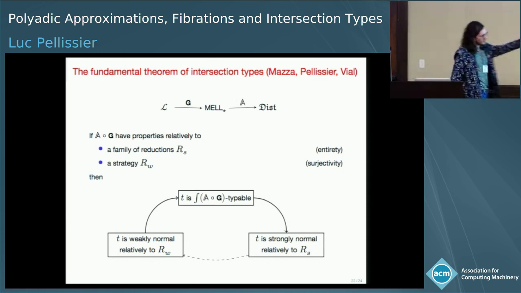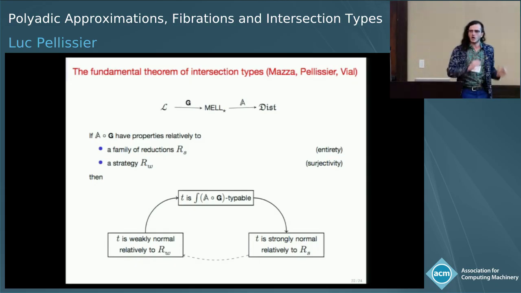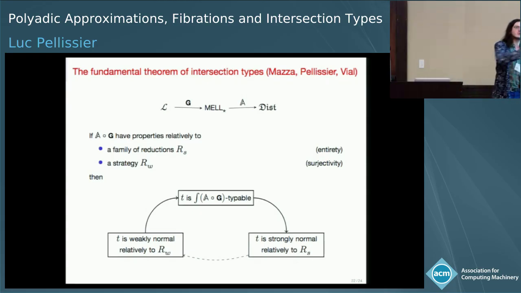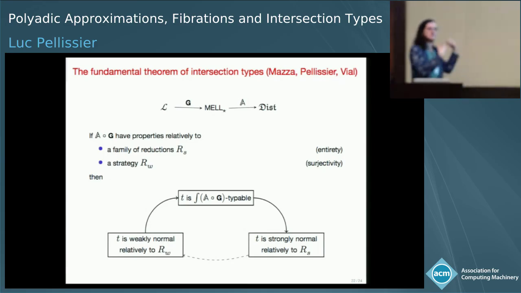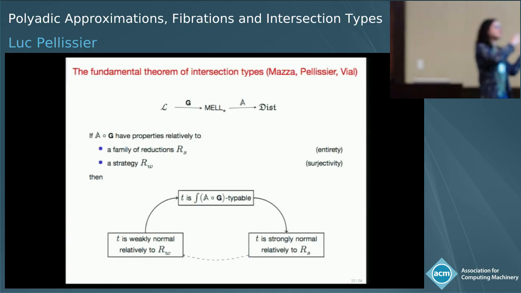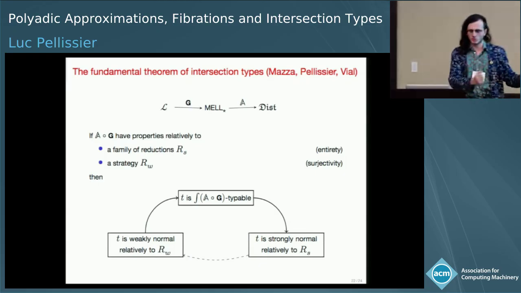And so, indeed, we see that, in a way, intersection types here allow us to go in the other direction, from some weak notion to a strong notion. And so, in a way, this distills the essence of intersection types: to bridge a certain gap in some situations between being weakly normal and being strongly normal.